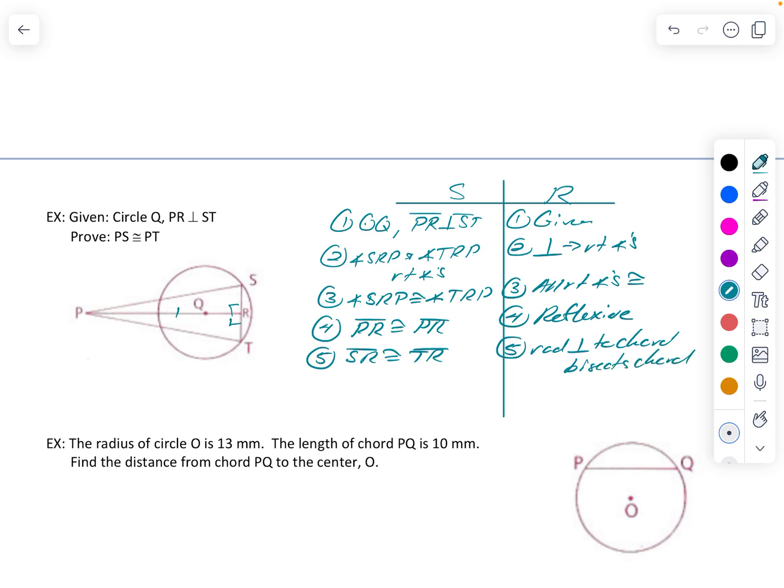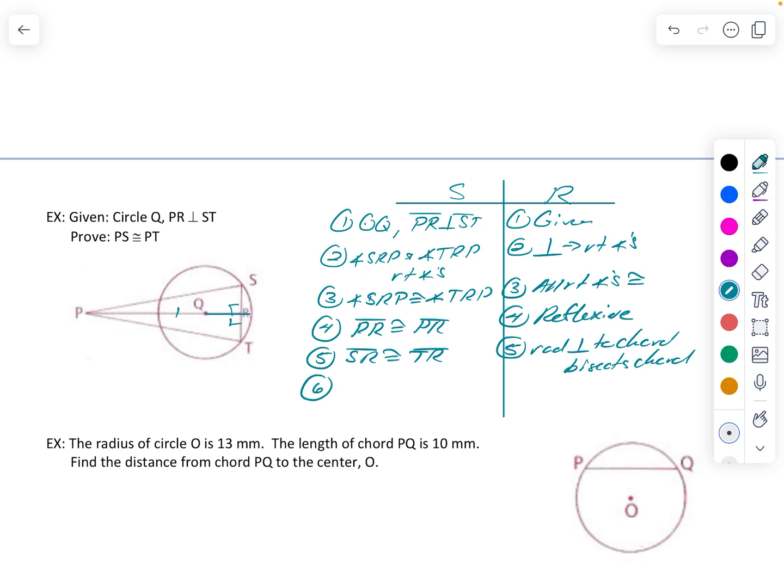Okay, so we're going to define radius to mean starting from the center. We could extend that to the circle itself, and you could see it would still bisect that chord at R.